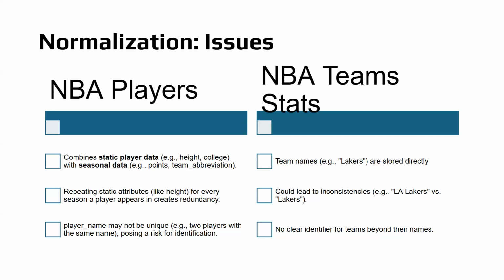Also, one issue we had is that the player name may not be unique, and this can be risky. The database can treat this information as if it were of the same player.